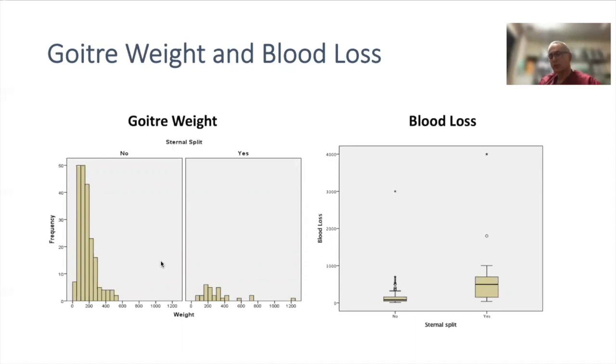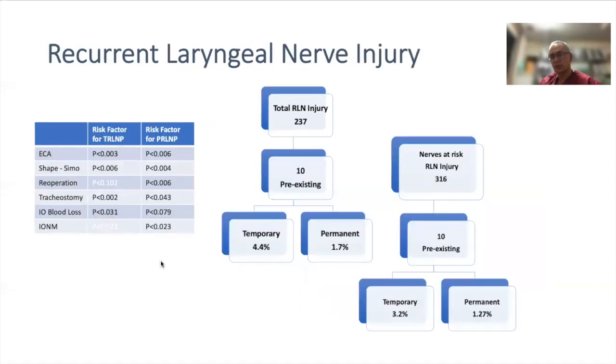So if you have 100 grams of goiter, then your blood loss is potentially about 100 mils. If it's half a kilo, then we're up to 500 mils. However, with the current powered tools, obviously that's less, and it's very rare that we lose a lot of blood.